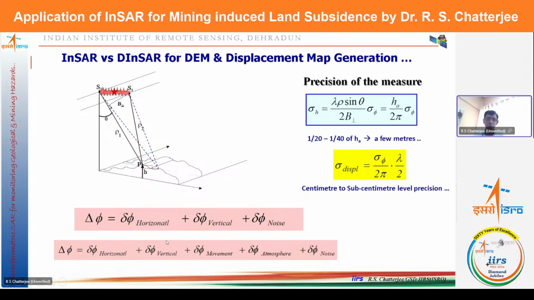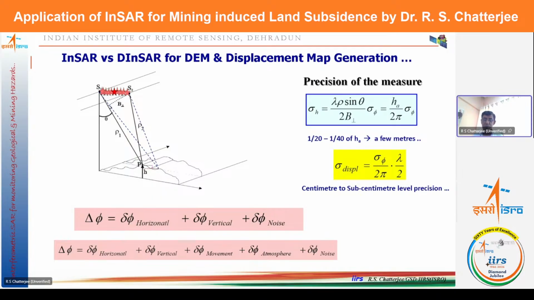Now in the case of interferometry used for topographic mapping or high quality DEM, digital elevation model mapping, we need to remove the horizontal phase. But in such cases, what is important? We need to avoid the temporal decorrelation noise. To avoid it, we can have both images at the same time.